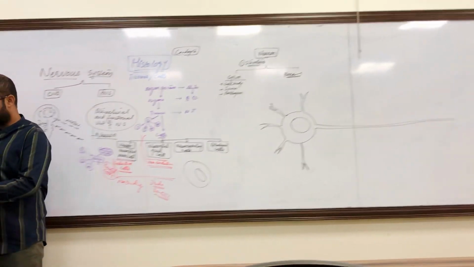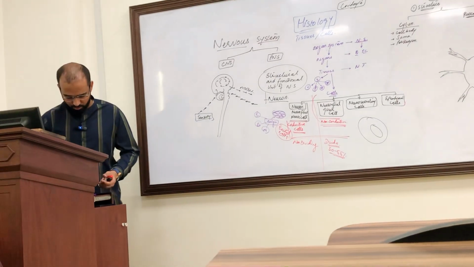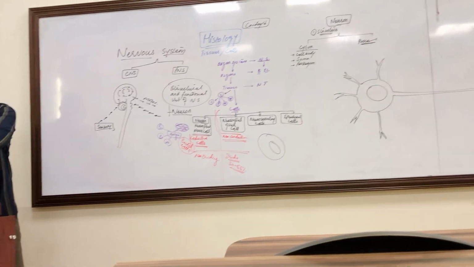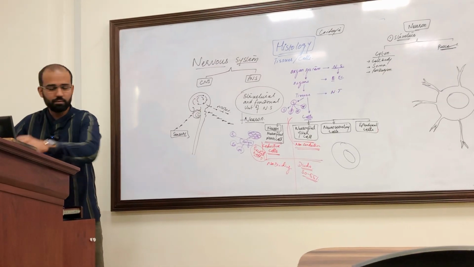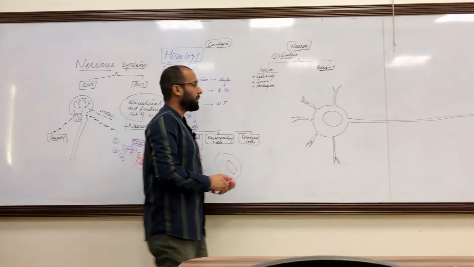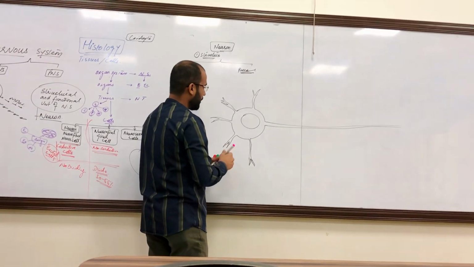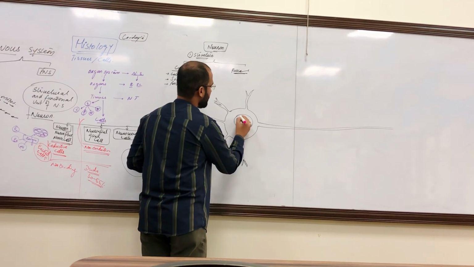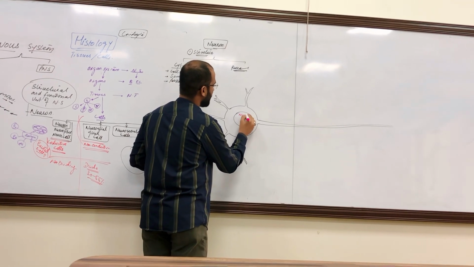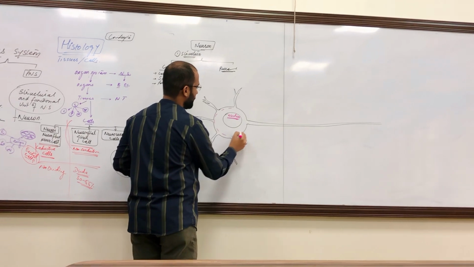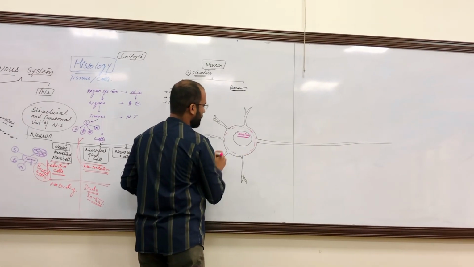This is the neuron. First of all, we should know this is the cell body component, and that is the nucleus. There is cytoplasm. Write down the components.